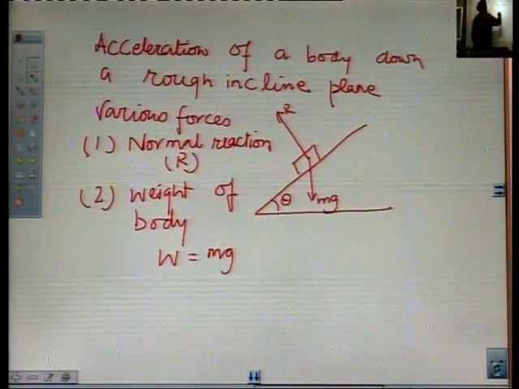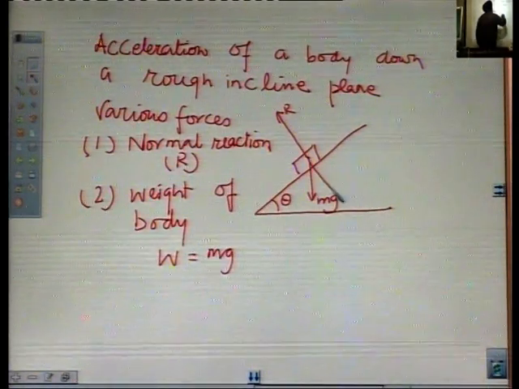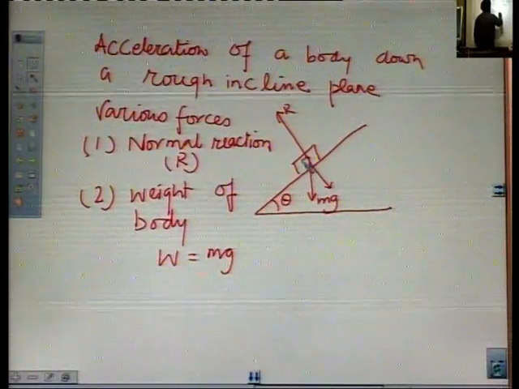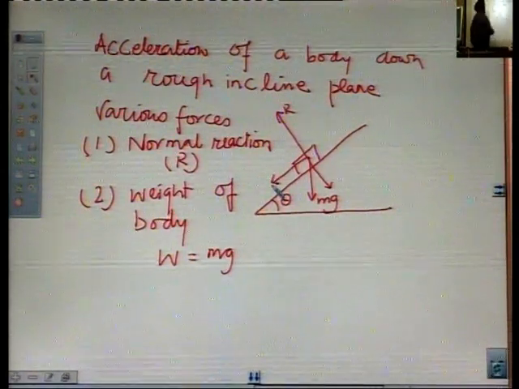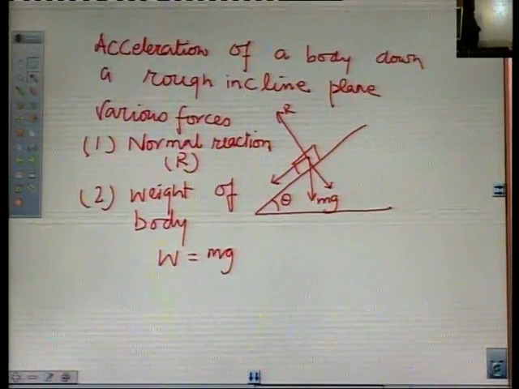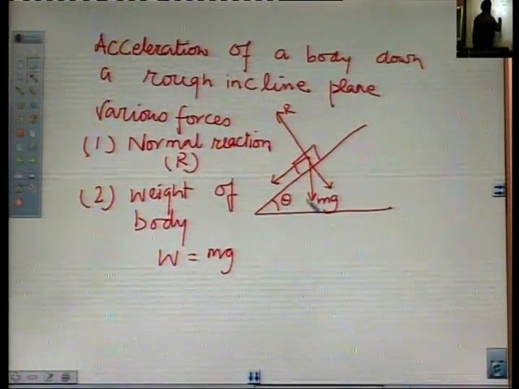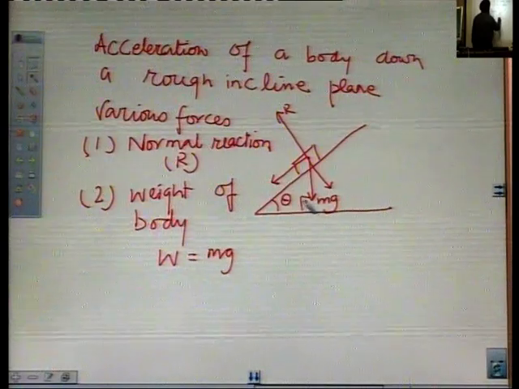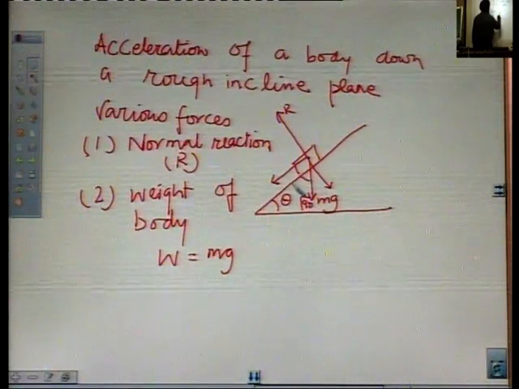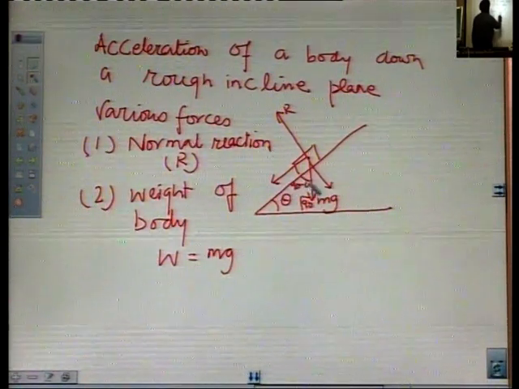Now, you resolve this weight into its rectangular components, two mutually perpendicular rectangular components. If this angle is theta, you see this is 90 degrees, this angle is 90 minus theta.